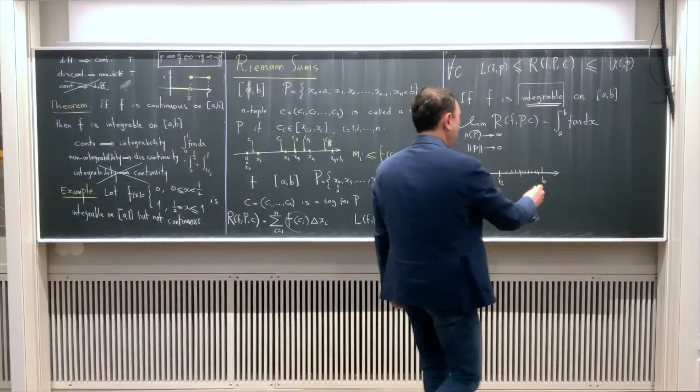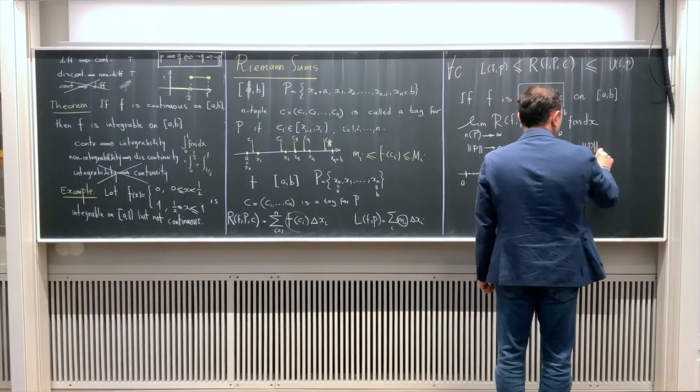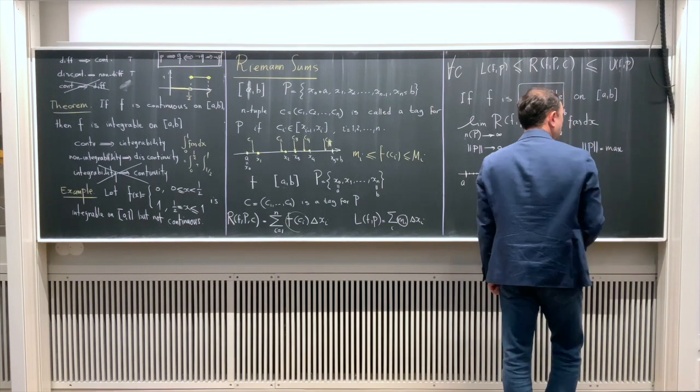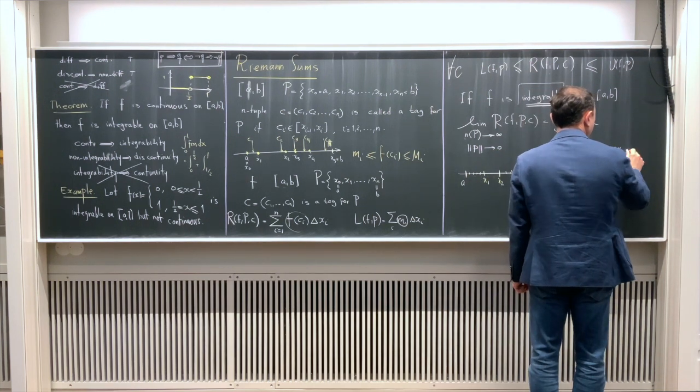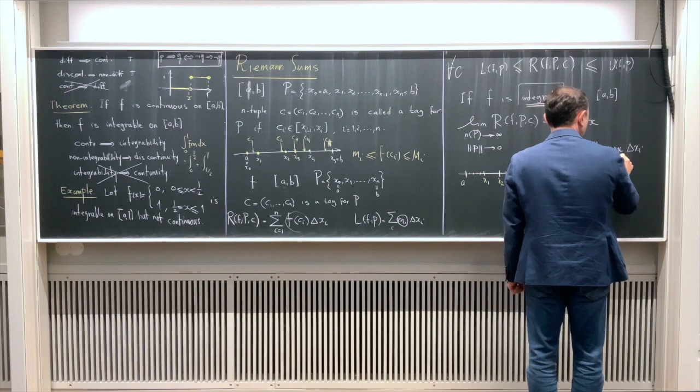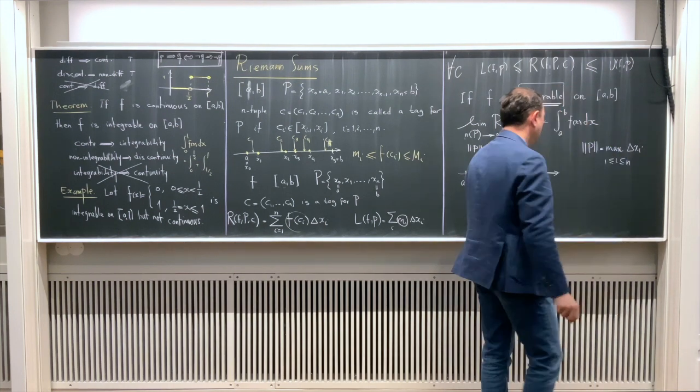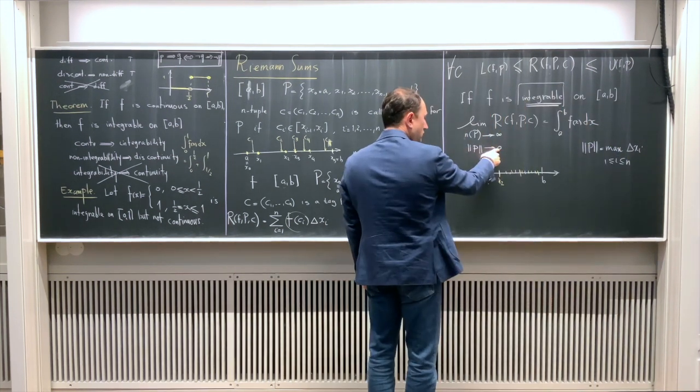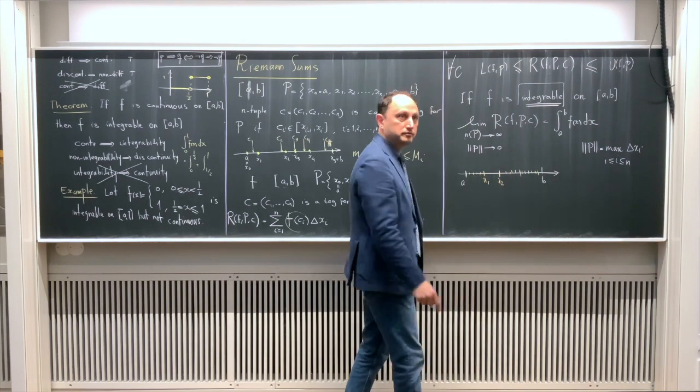So norm of P is the maximum of the lengths of the subintervals. Yes? By sending this to 0, I am preventing this scenario.